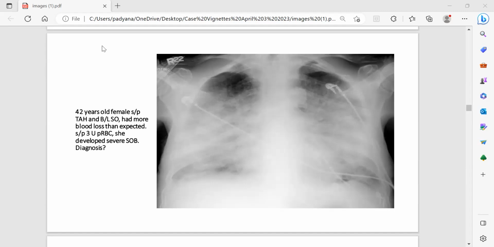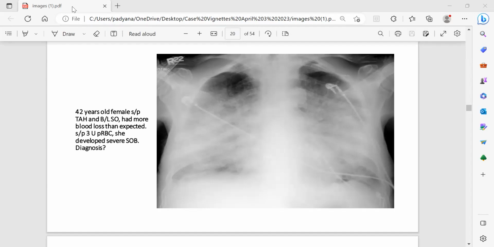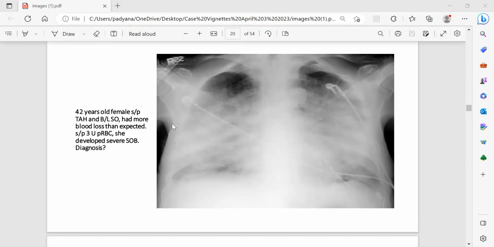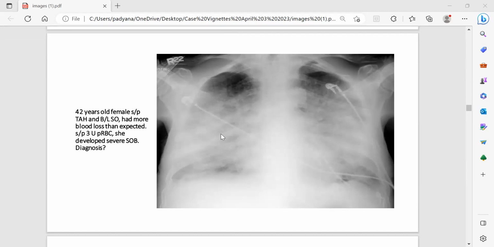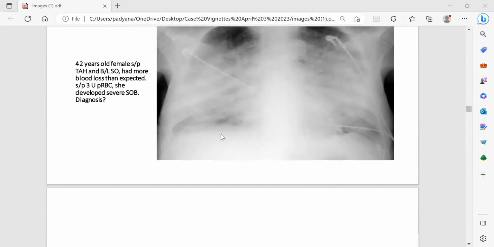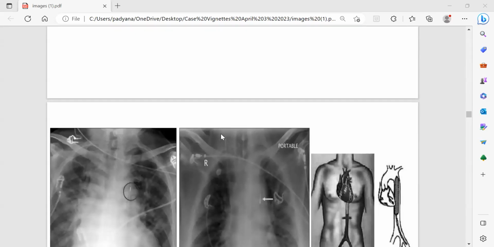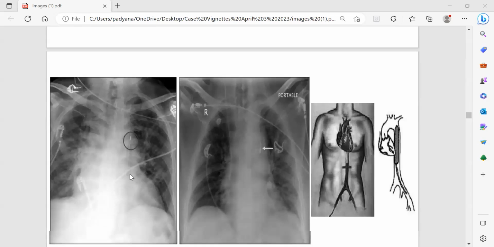So we will say bilateral non-homogeneous opacities, symmetric opacities, following blood transfusion, isn't it? Given the history, most likely TRALI. TACO is also possible. TACO, TRALI.